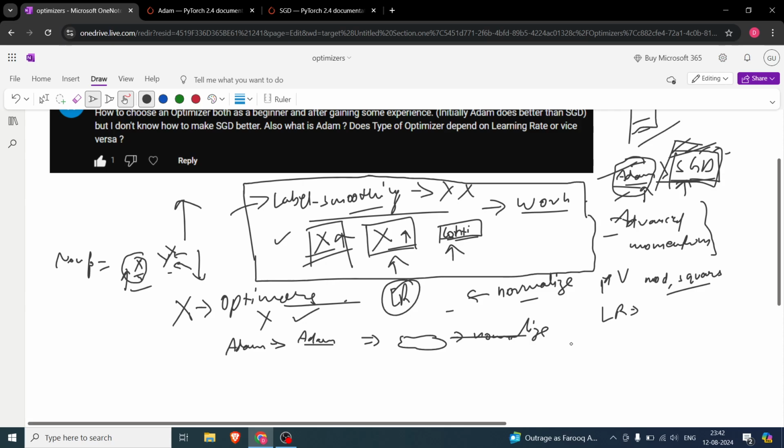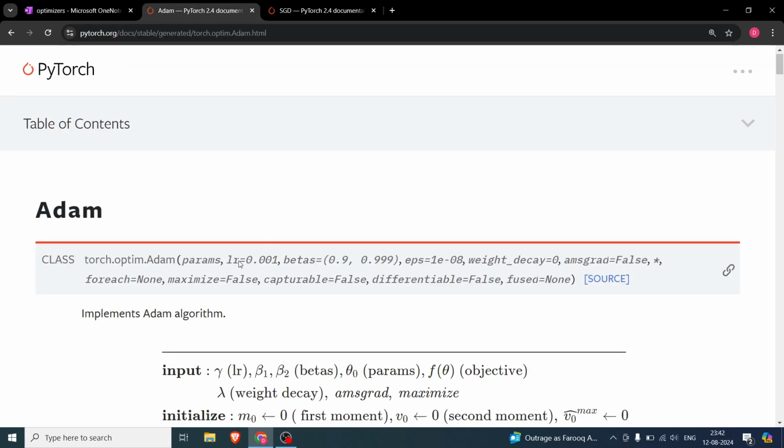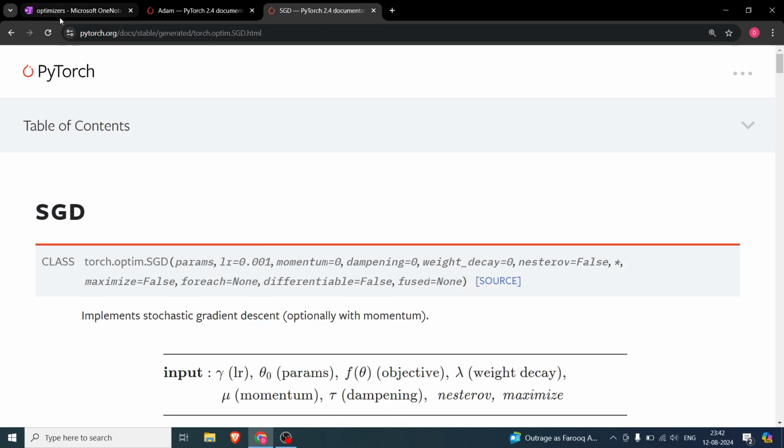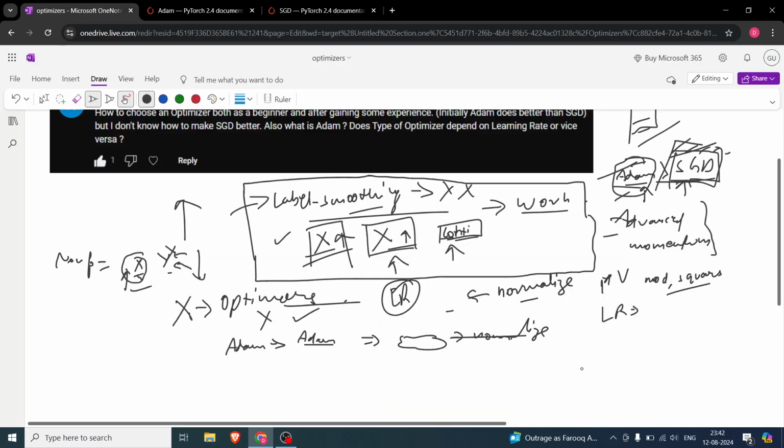Everywhere the default learning rate is the same. I don't know what you mean by depends on the optimizer, but it's a hyperparameter. You can definitely tune it, and you should definitely tune it in order to get better results. Or vice versa? No, that's not correct. Both are totally different things. I hope I was able to do justice to the question.